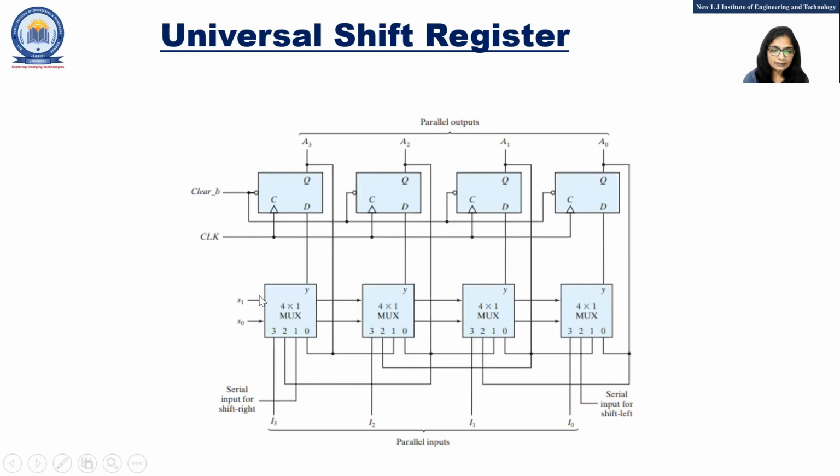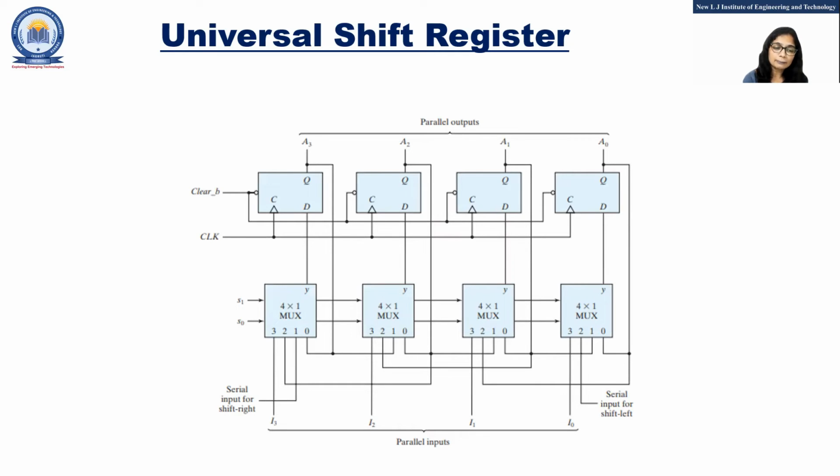Suppose I am applying 0, 0 here. So what happened? You can see the data of this mux. This 0 input line will be selected and given to the output.